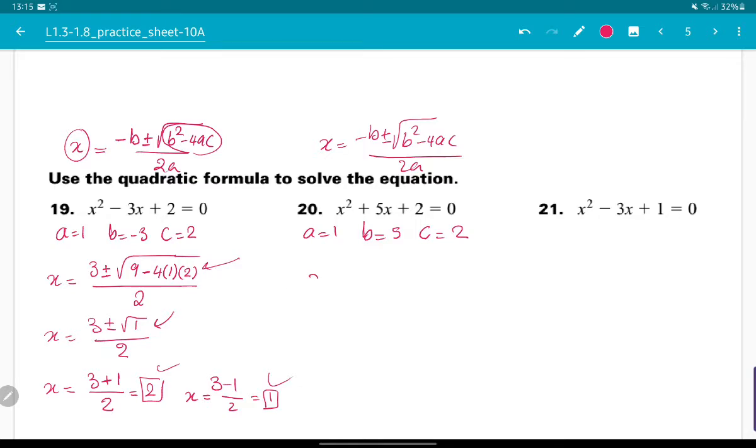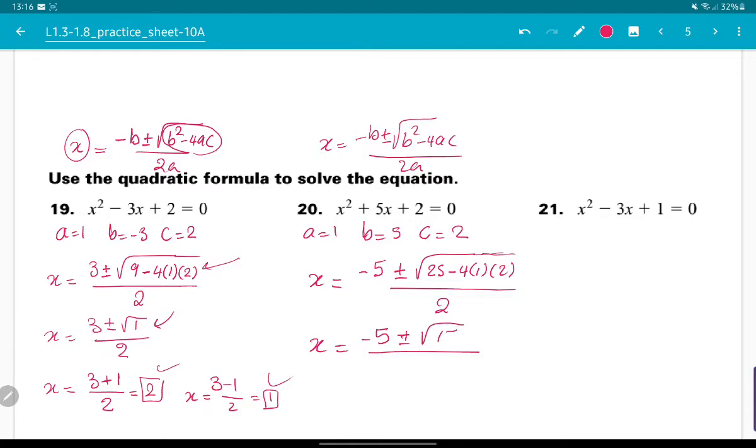Here we have negative b, which is negative 5, plus or minus square root of b squared, which is 25, minus 4 multiply 1 multiply 2 all over 2a, which is 2. Negative 5 plus or minus, 4 multiply 1 multiply 2 is 8. 25 minus 8 is 17. So the answer will be square root of 17 all over 2.